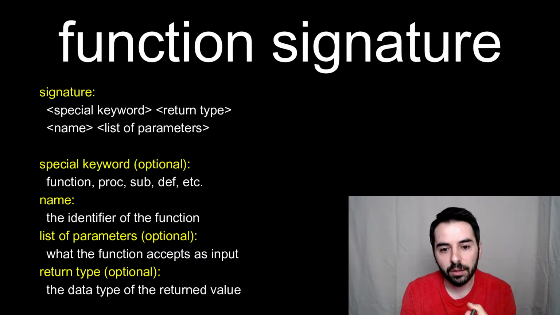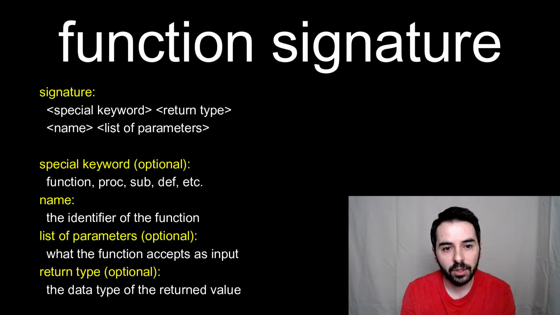Most of these, not most, the name is the only required part here. A function might not have any input parameters, and it might not return any values. In some languages, JavaScript for instance, even if your function returns something, you don't write anything about that in the signature.